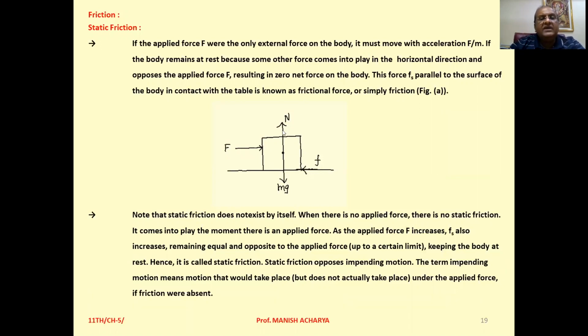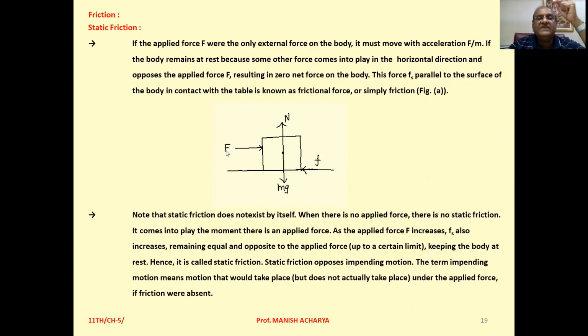But in the horizontal direction, when this force is applied and the block is not moving, horizontal equilibrium is also there. So definitely some other force is there in the opposite direction of the applied force, which is balancing this force. So which force is this?